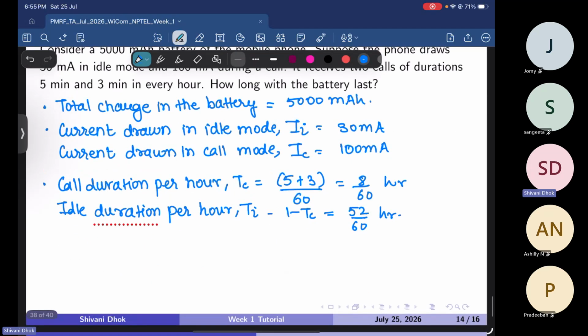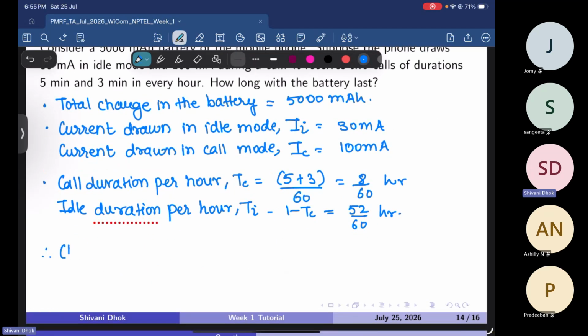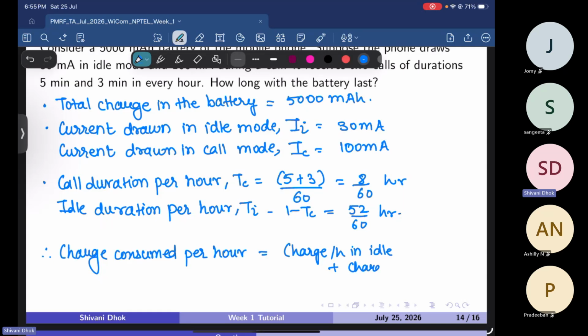Therefore, the charge consumed per hour is the charge per hour in idle mode plus the charge per hour in call mode.